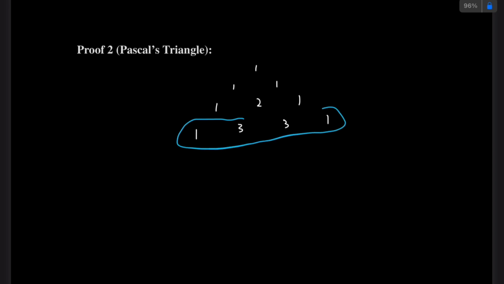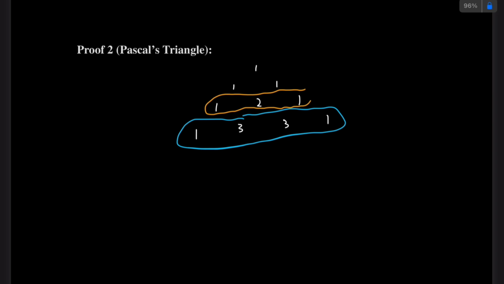The Pascal's triangle proof here, I think, is a little bit more interesting. I think this one I won't write out in full rigorous detail, but I'll more so show an example. Let's just write out some entries of Pascal's triangle here. Okay, let's say I look at this row, this blue row, and I look at this row.